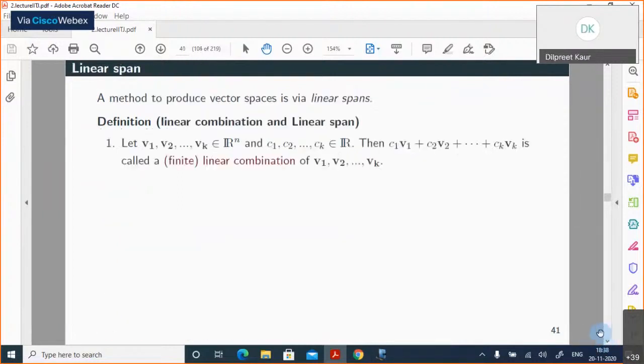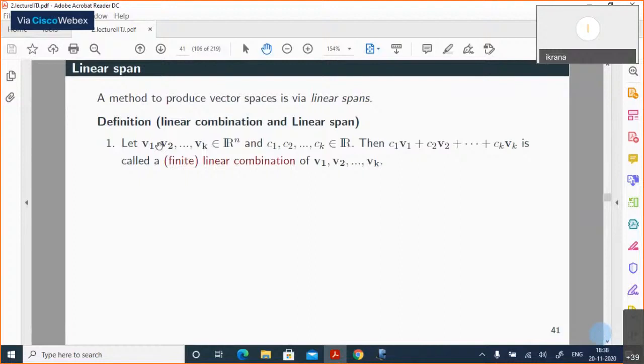Now we're starting with linear combinations and linear span. Just now we saw that if x1, x2 belong to the null space, then x1 plus x2 belongs, alpha times x1 belongs, and so on. So these kinds of things are called linear combinations, and the set of all possible linear combinations put together in a box is called a linear span.